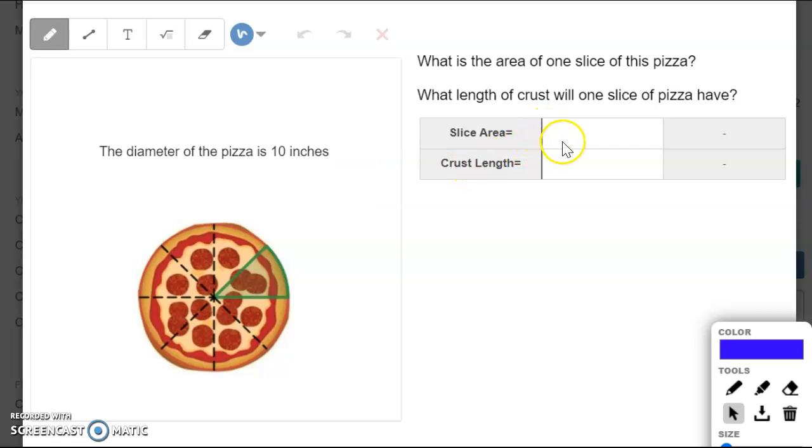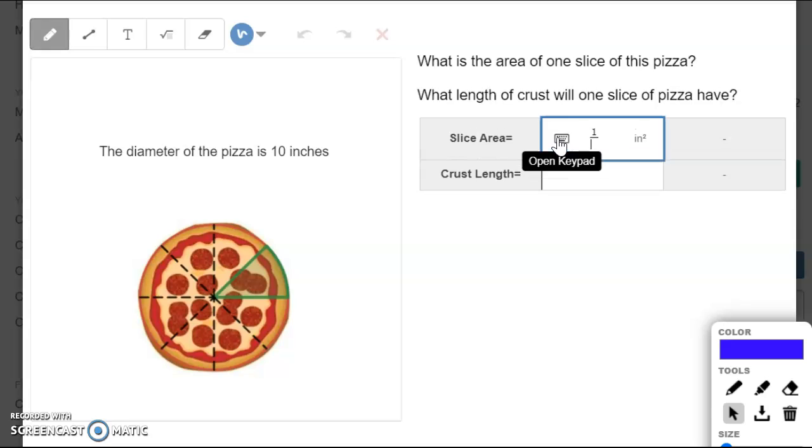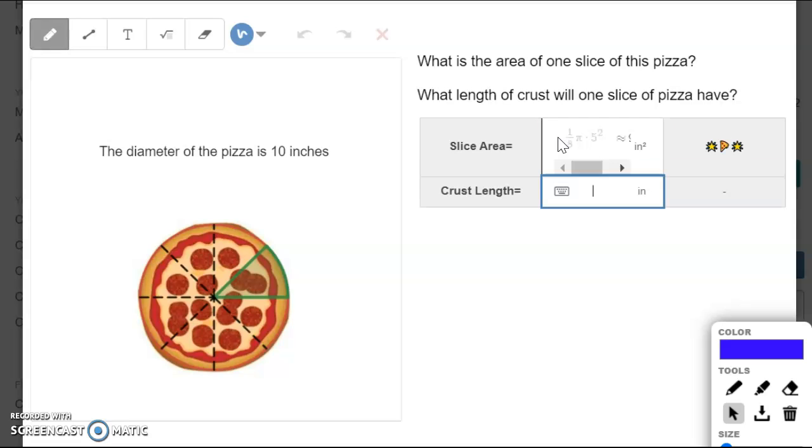So how do I get the slice area? What portion are we dealing with? We're dealing with 1/8 of the pizza. And what is the total area for the whole pizza? It's going to be pi times r squared. The radius is half of 10, so that's going to be 5 squared. And I get that correct.